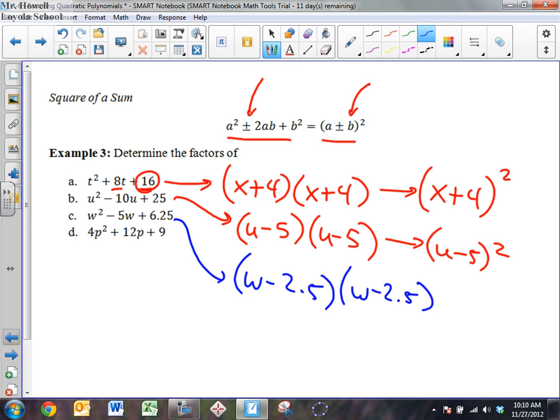But take a look: 2.5 and 2.5 gives you the 5 in the middle. 2.5 times 2.5 is 6.25, and you can check that. So yes, that would be written as w minus 2.5 quantity squared. The last one is the trickiest one of all.